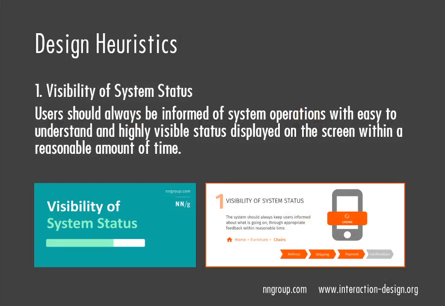The first one, visibility of system status. As it says, users should always be informed of system operations with easy to understand and highly visible status displayed on the screen within a reasonable amount of time. Like these.